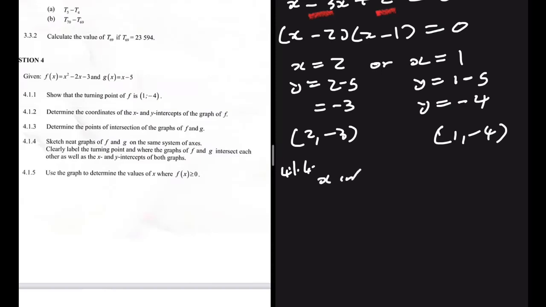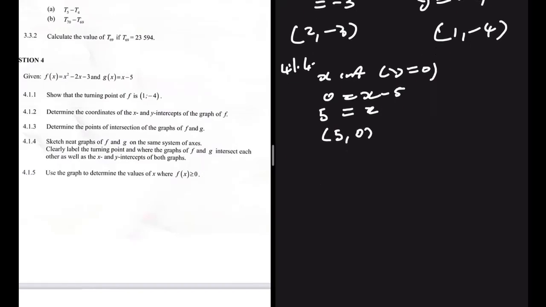For the x-intercept of g of x, we let y be equal to 0, right? So we're going to have 0 being equal to x minus 5. So 5 is equal to x is one of the intercepts. So when x is 5, y is 0. So let's go ahead and find the y-intercept.